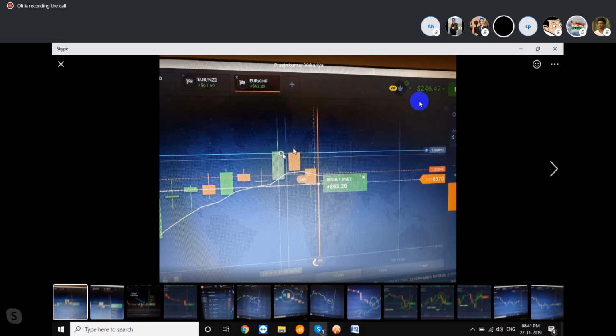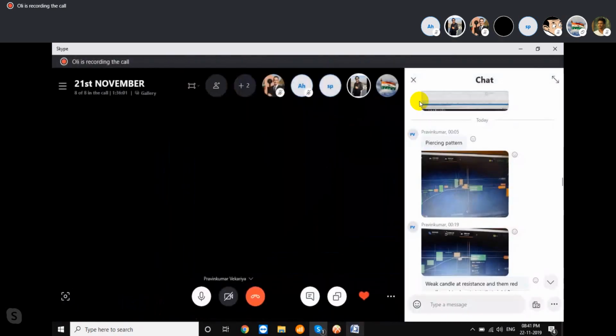It is not a piercing pattern. The same formation at the support is a piercing pattern. If it forms at the resistance, just opposite, then we will consider it. Fine, so this is clear, right?